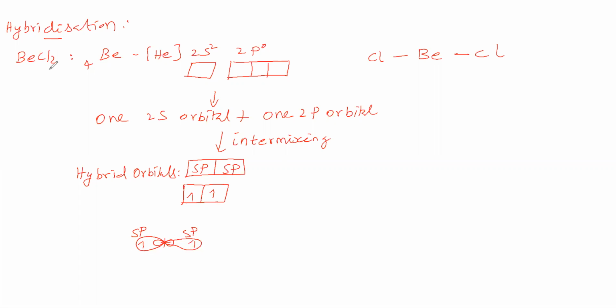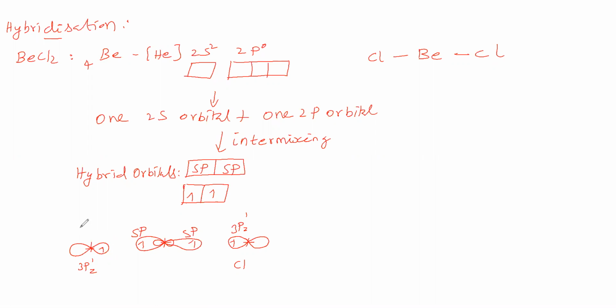Okay. Next, we will take the surrounding atom chlorine. For chlorine, we take the 3pz atomic orbital which contains an unpaired electron. Another chlorine also has a 3pz atomic orbital with one electron.